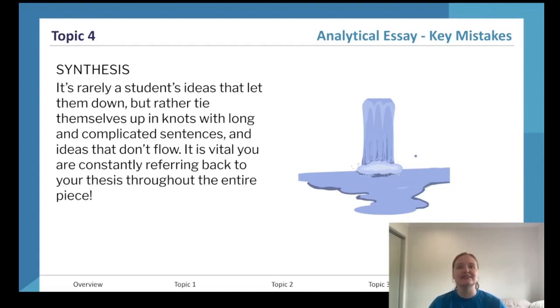Number one is synthesis. So it is very rarely a student's ideas that end up losing them marks in an essay, but rather tying themselves up in knots with complicated sentences and not letting their ideas flow together. This is why planning time in an essay-based exam is so important, having all of your ideas down in their entirety on a planning page before you start writing.